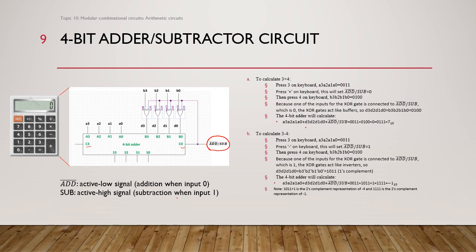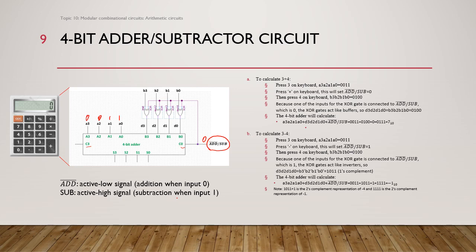And this will generate the 4-bit binary number for 3, which is 0011. So basically you will see 0011 here. And then we will press plus on the keyboard. This will set the ADD/SUB input to 0, which means this time we're doing addition.